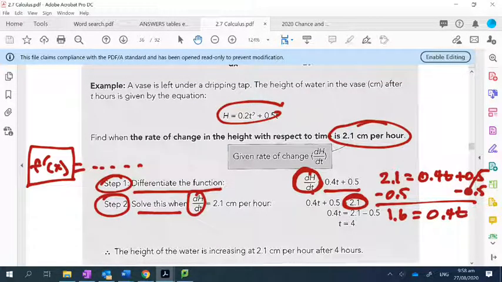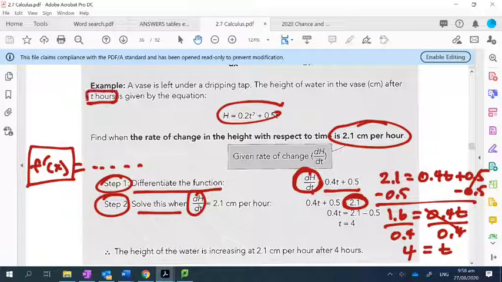And then we'll divide both sides by 0.4 to get the t by itself, which gives us 4. So we got positive 4 as our t. That's our time, and our time is given in hours. So it's 4 hours.